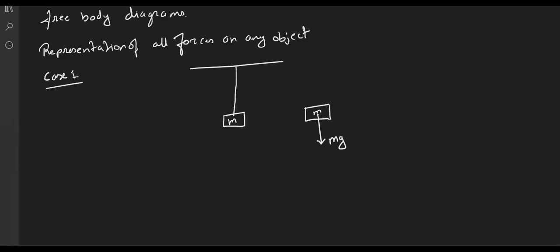So if the object is not going down, there should be a force which will balance this mg. So if mg is in the downward direction, there should be some force in the upward direction, right?